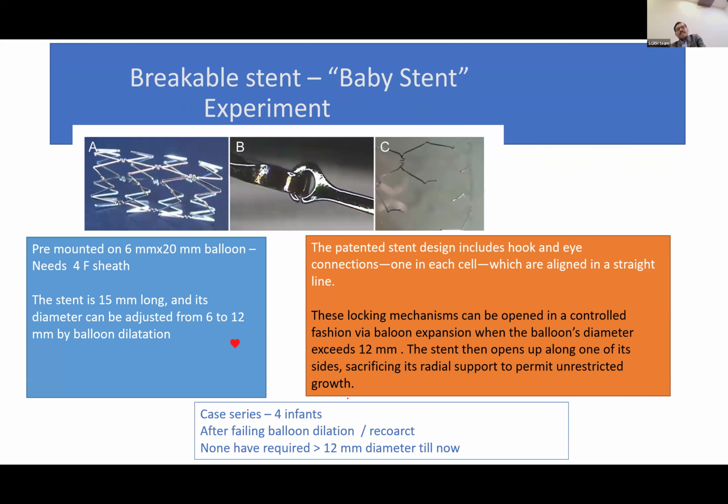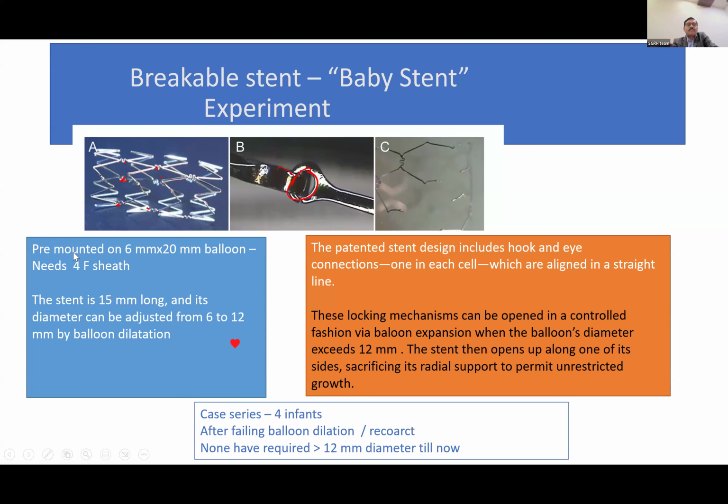This is another very good stent, a breakable stent. This was called the baby stent. They had a particular special patented design: hook and eye connections, which can be easily broken like this. So after a particular diameter, they will break out and allow further growth.